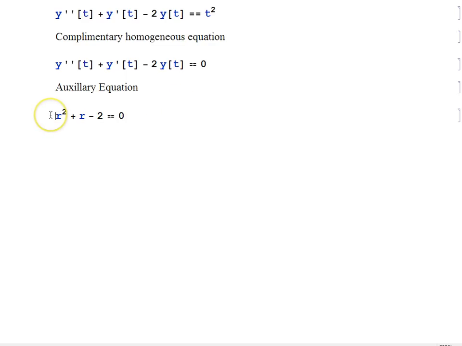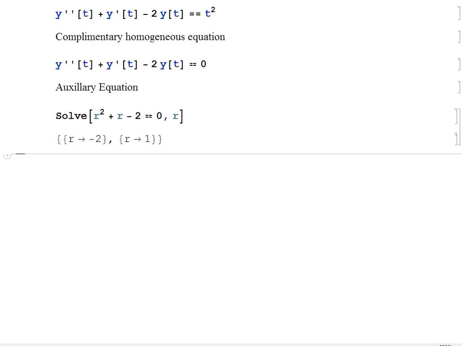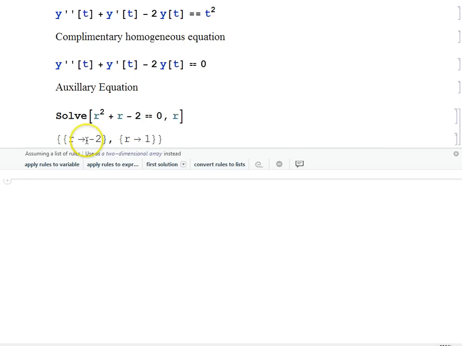And we'll solve this. All right, so we get 2 real roots. That's good. We know exactly what the complementary solution, the homogeneous solution, will look like.